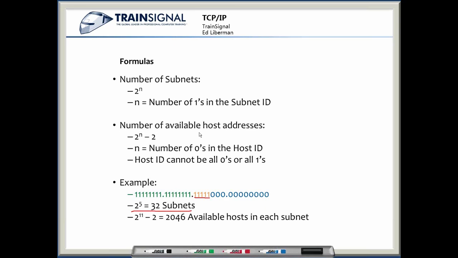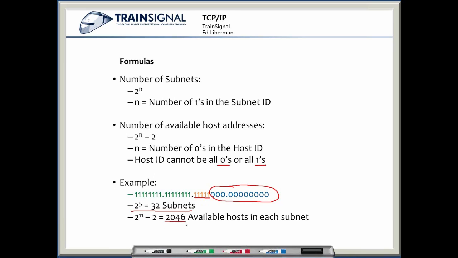The number of hosts available is based on the bits left with the 0s, so we have 8, 9, 10, 11, which gives 2 to the 11th minus 2. Why minus 2? Because again, remember, the host ID cannot be all zeros or all ones. So 2 to the 11th minus 2 is 2,046 available hosts in each subnet.